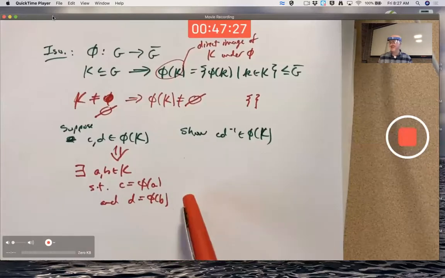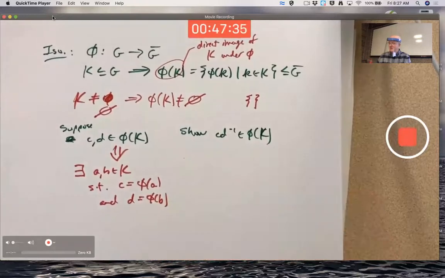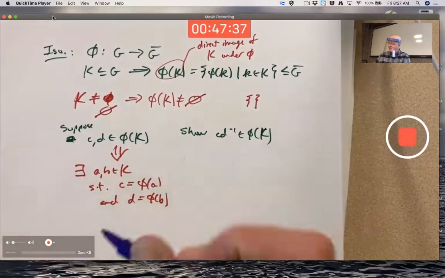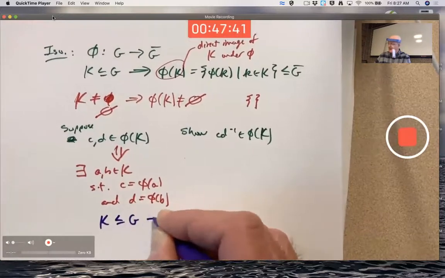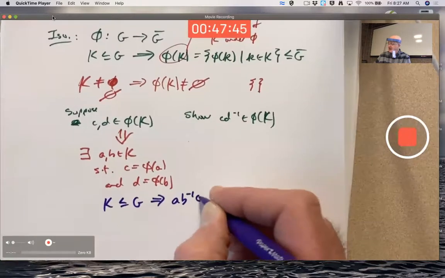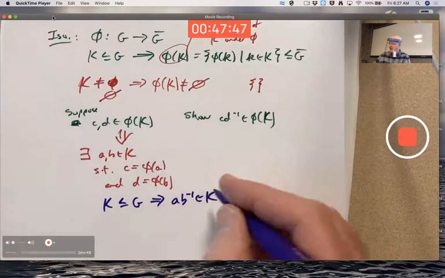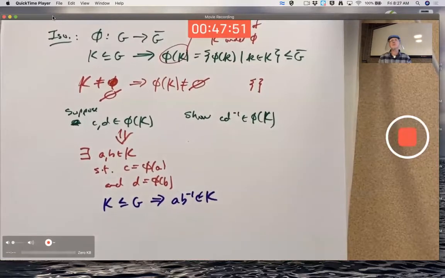Maybe A times B inverse? K being a subgroup of G implies A times B inverse is in K, because K would be closed under taking inverses and closed under multiplication.